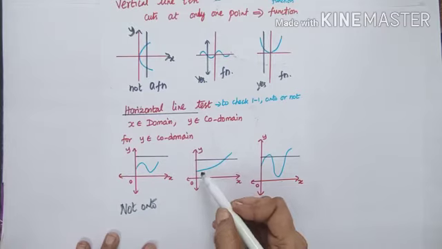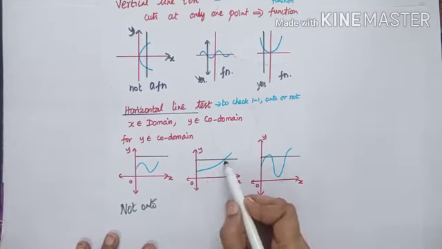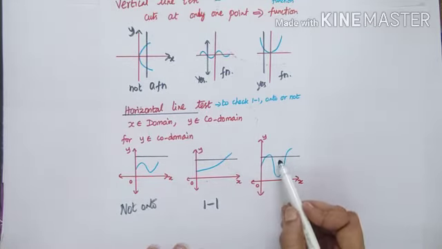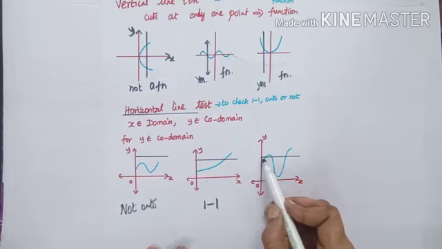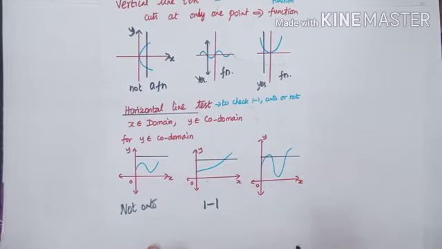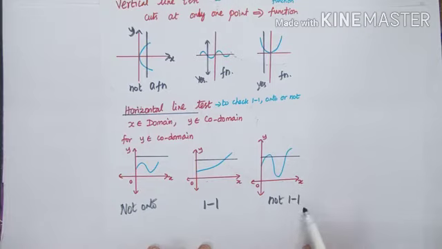Whereas come here, we have drawn a horizontal line. Wherever I draw, it cuts at only one point. So this I will call onto 1-1 function. Whenever the line cuts at more than one point, I will say not 1-1. So cutting at only one point, I will say it is 1-1. Cutting at more than one point, I will say not 1-1.